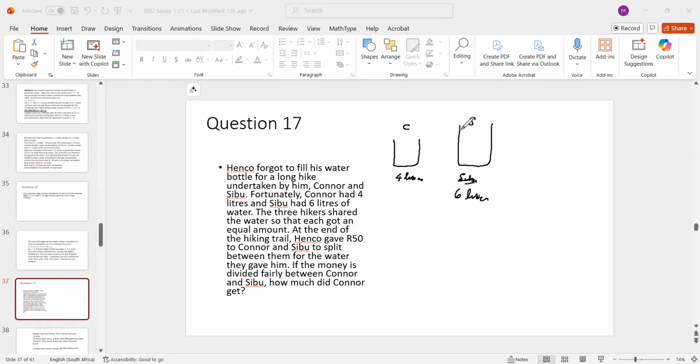Okay. So these guys had carried enough water. The 3 hikers shared the water so that each got an equal amount. Now take 4 plus 6, they had 10 altogether. If you share it, each will get 10 over 3, which is 3 and 1/3 liters each.